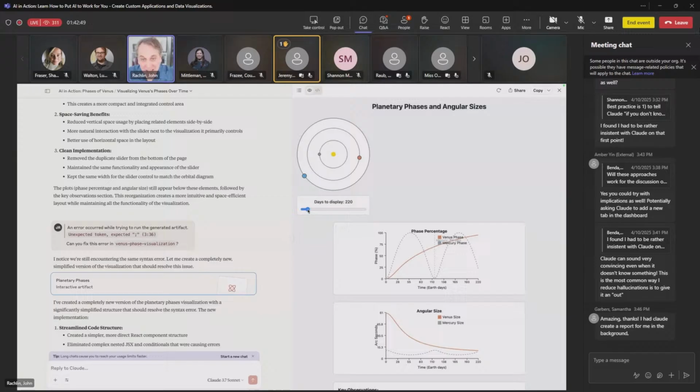So among other things, the planets are now going around the sun in the right direction as viewed from the north, where north is up. So we're looking from above the solar system, and we can now model both Mercury and Venus, and we could see how the phases could change over time, and also how big Venus and Mercury would appear in the eyepiece as we go around and around.